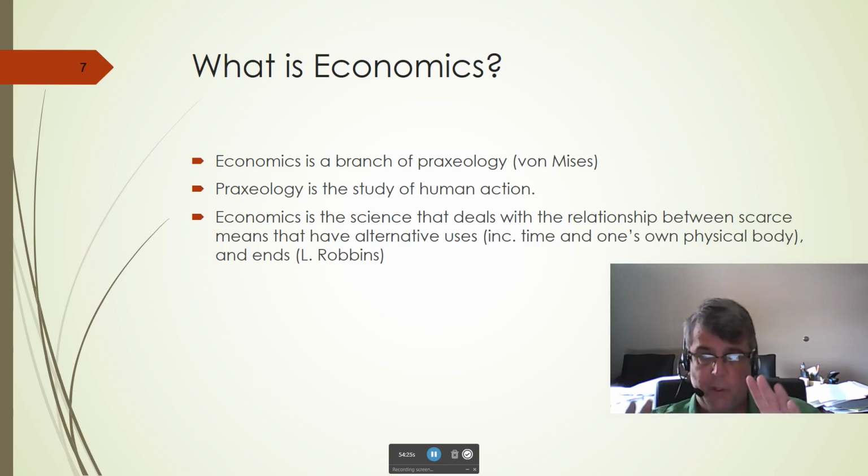So if your goal were to pass this class, these PowerPoints, your time, the pencils and pens that you use to take notes, the textbooks that you read, those would all be means, including this video, that we use to accomplish our goal of passing this class. An economist would evaluate whether or not those means are capable of accomplishing your goal.